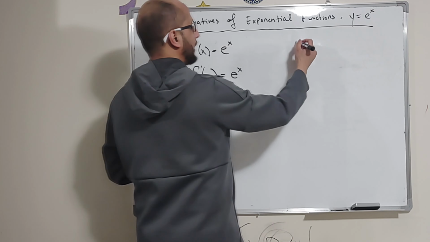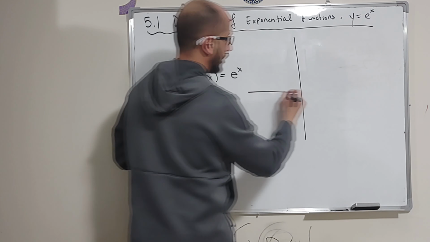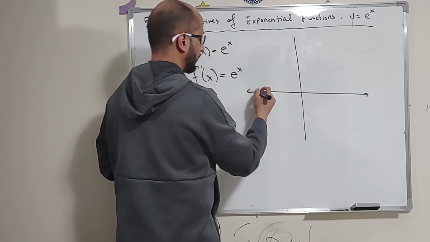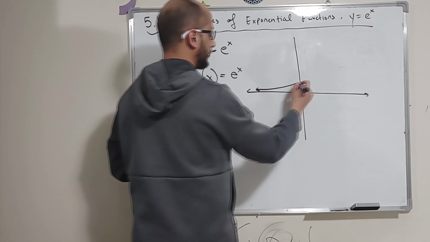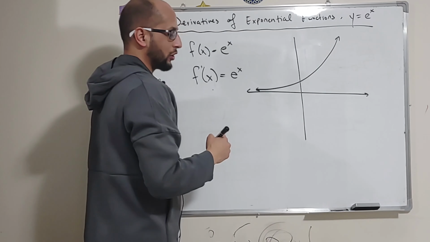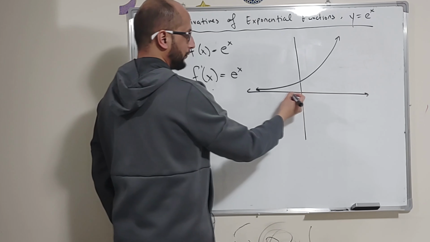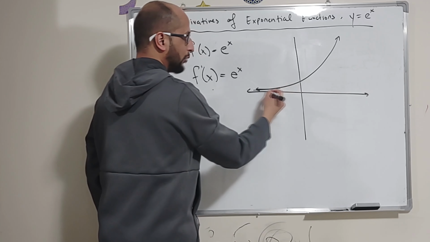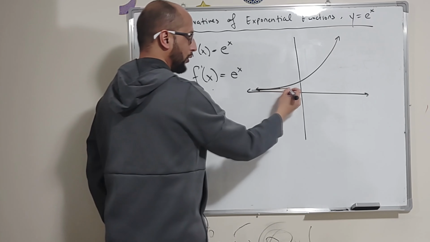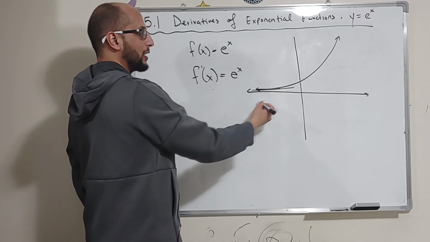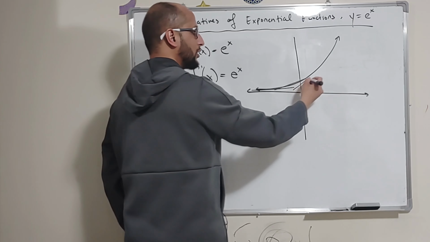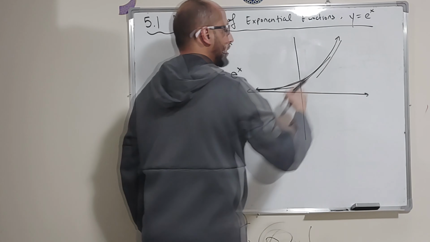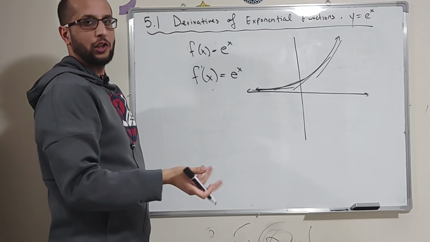To get an understanding of why, let's take a look at the function itself. This function in the negative area, from the left to the right, is a small positive number. What's the derivative? What is the slope of this tangent? A small positive number, then a larger one, a positive number that's getting larger and larger.